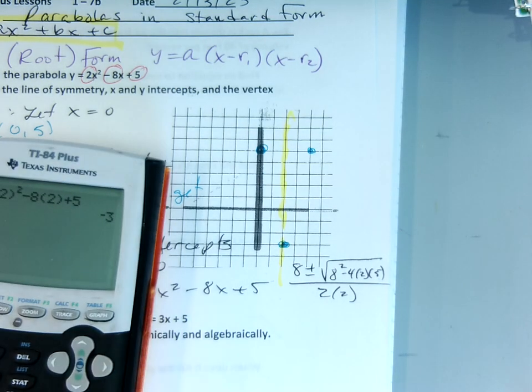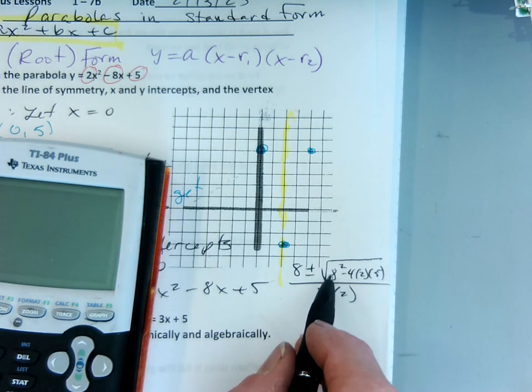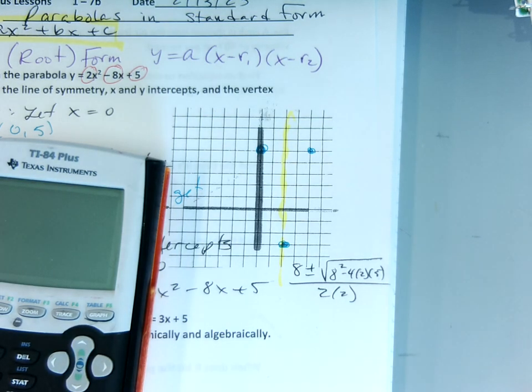All right, let's see how much of this I can do in my calculator to make it easier. Wait, it's negative 8 inside the... Oh, I dropped the negative. Thank you, Retta. You're totally right, but I dropped it because I'm going to square it anyway. You're completely correct, okay? 8 squared minus 4 times 2 times 5.